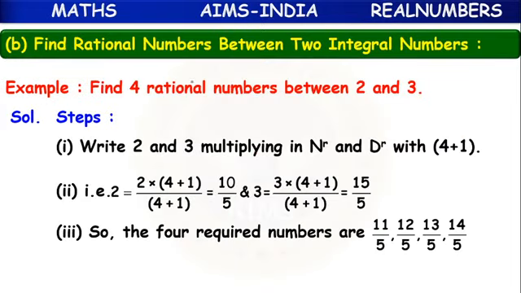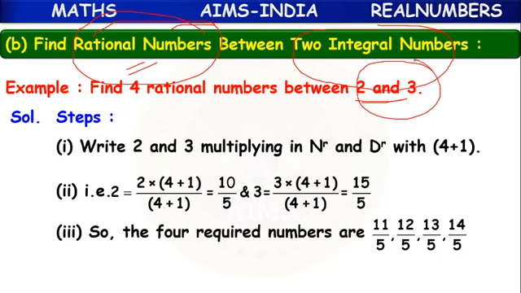Okay. Next. We have some more types of questions which belong to the concept of rational numbers between two integral numbers. Rational numbers between two integral numbers means we have two integers, and the question is how many rational numbers exist between those two integers, greater than 2 and less than 3, whose values lie between 2 and 3.